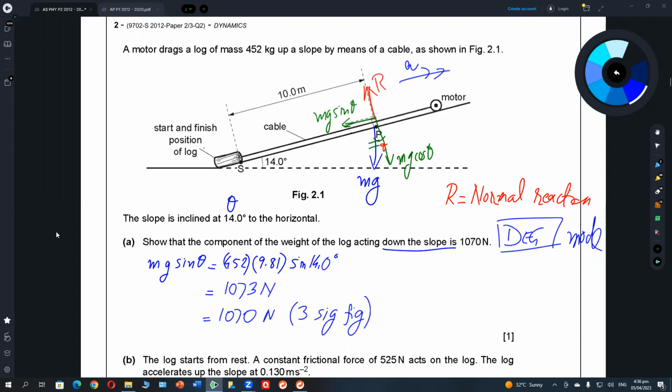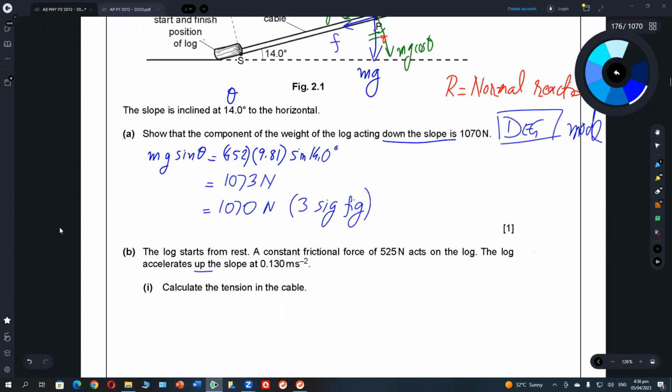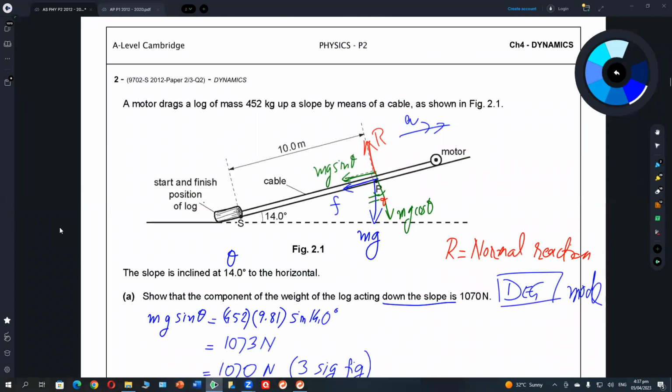Friction always opposes the motion. Right? So now tell me, where should I show the friction? The object is going upward, so the friction will be downwards. Good. And he is pulling the object, so I'm showing the tension.